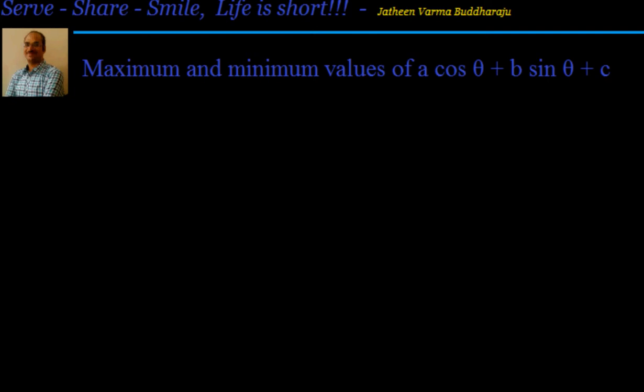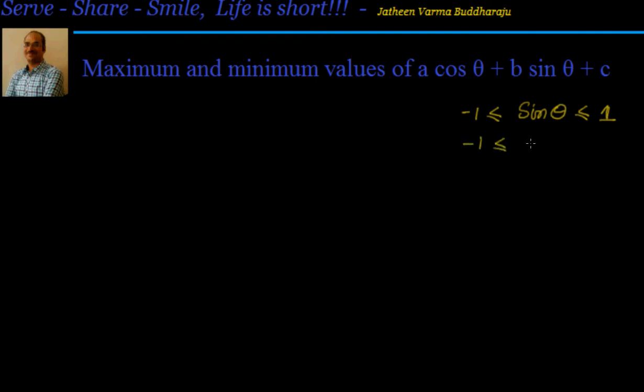We will look into how to find out the maximum and minimum values of a trigonometric expression, something like a cos theta plus b sin theta plus c. Before we start, we just want to recap that sin theta values lie between -1 and 1.